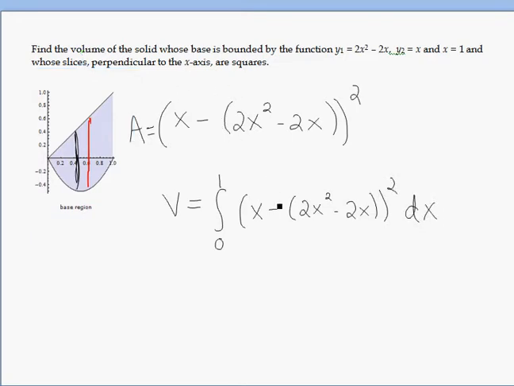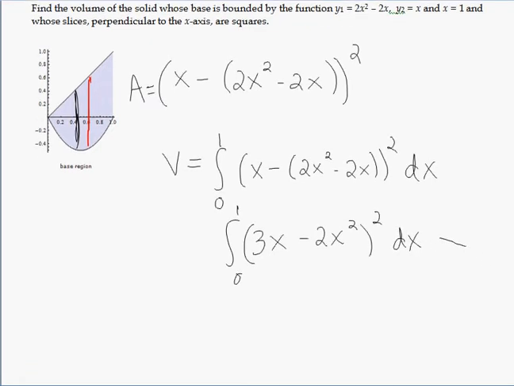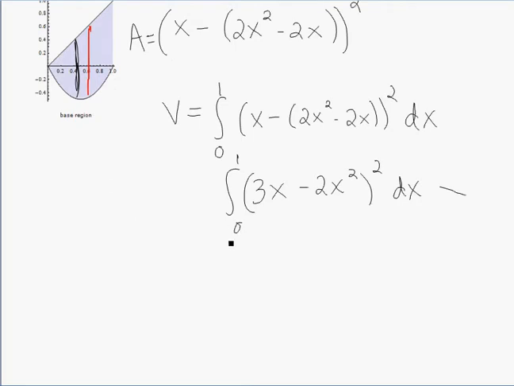We can distribute this negative sign, and inside the parentheses we have x minus a negative 2x, so it's x plus 2x, or 3x minus 2x squared, squared, dx. Oops again. Sorry for that little line. Okay, so we can now expand this out by FOILing. So we get 9x squared minus 12x cubed plus 4x to the fourth dx.